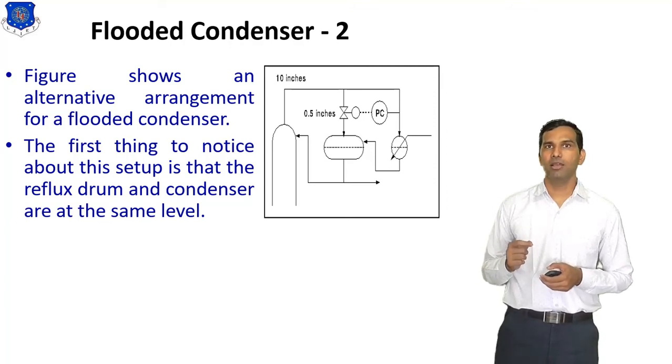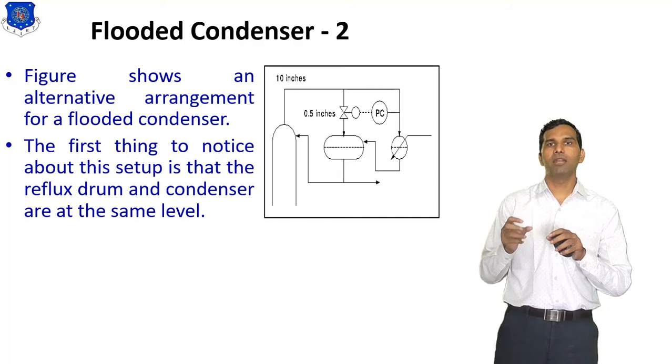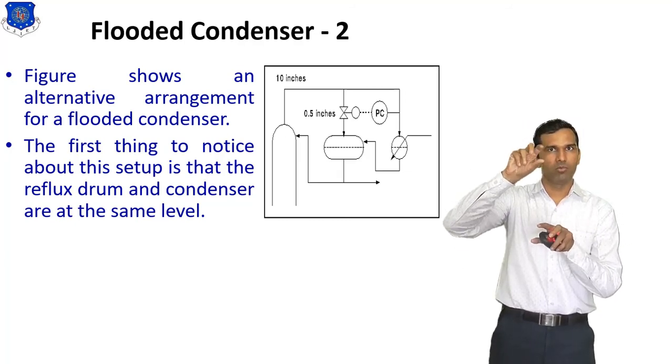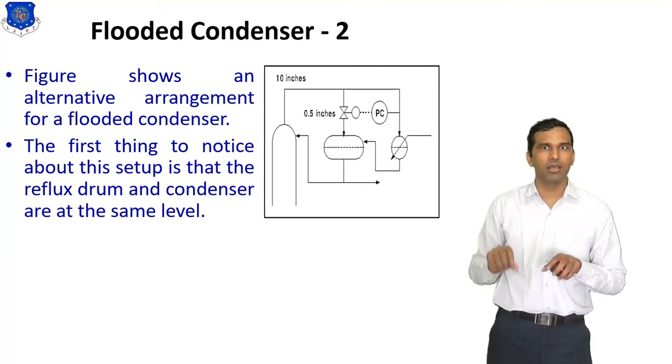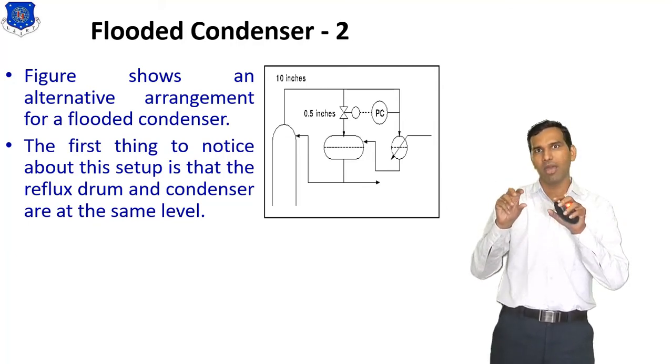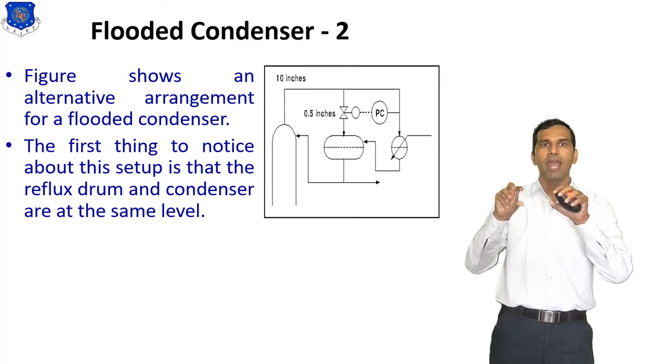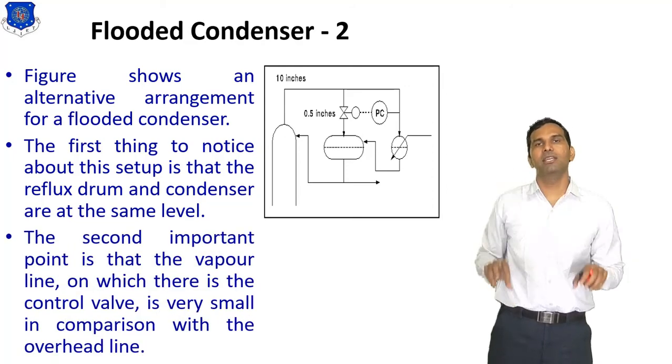In the previous method, we saw the condenser and the reflux drum, that means the condenser is above the reflux drum. But here you can see in the figure, the reflux drum and the condenser are at the same level.